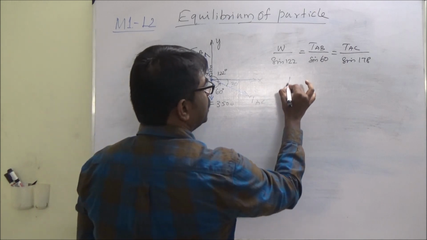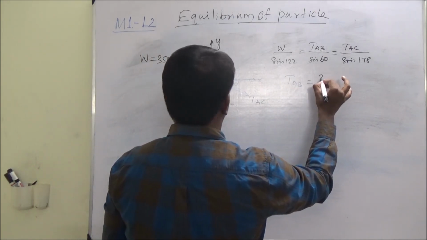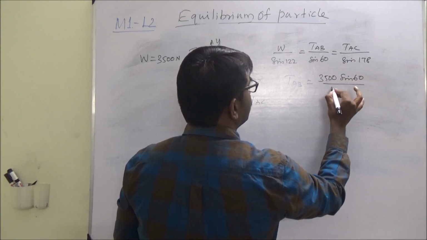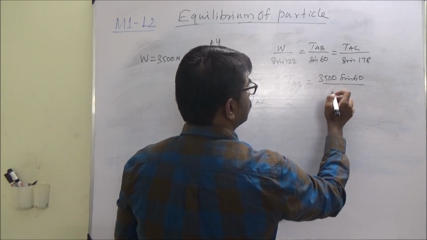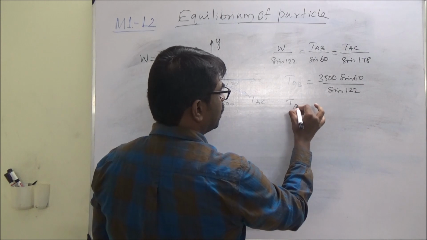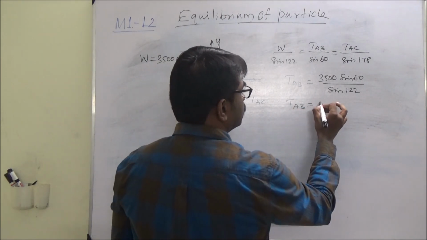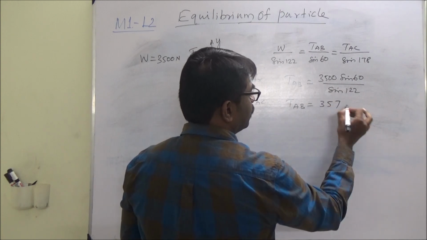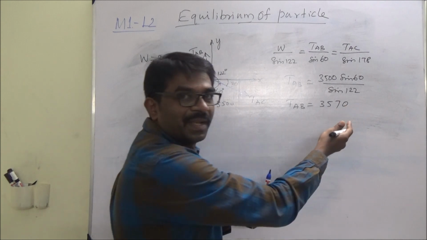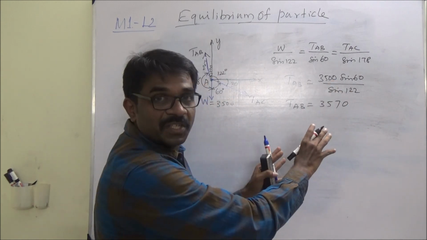So TAB equals W, which is 3500, times sine 60 divided by sine 122. So TAB will be 3570 or 3 or 2, whatever value you are getting, some approximation will be there.